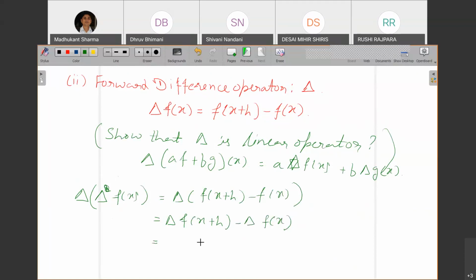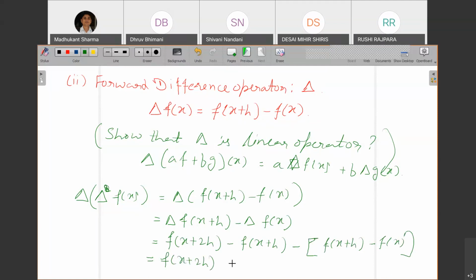The next value of f of x plus h is f at x plus 2h, minus the present value f of x plus h, minus delta f of x, which is f of x plus h minus f of x. So that is equal to f of x plus 2h minus f of x plus h minus f of x plus h, which is minus 2 times f of x plus h, plus f of x.